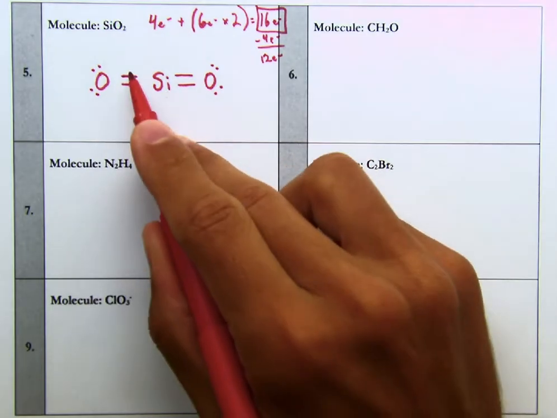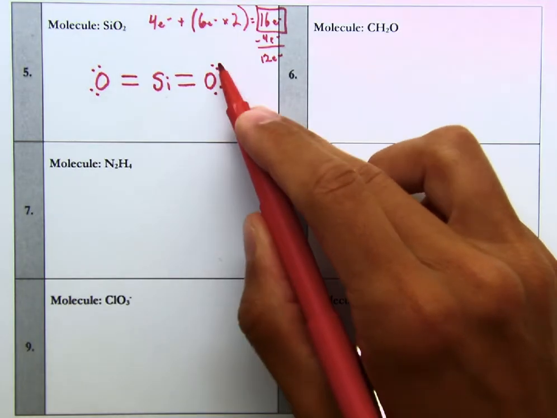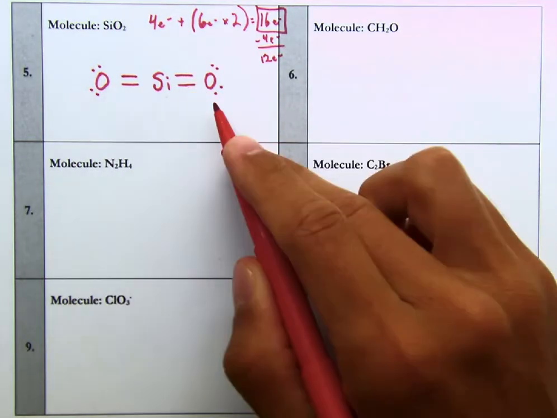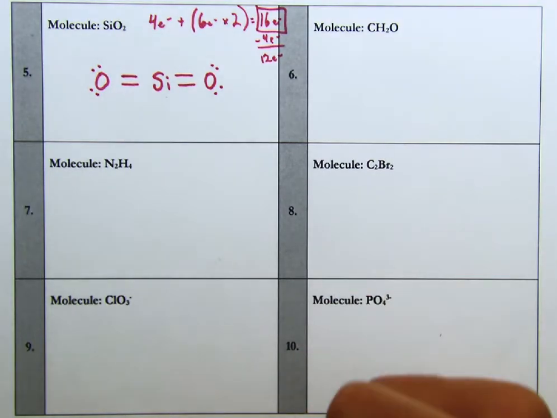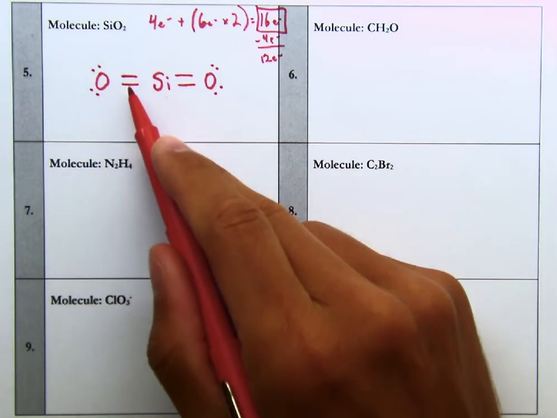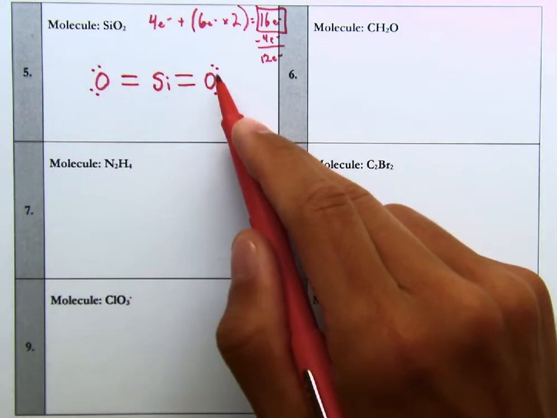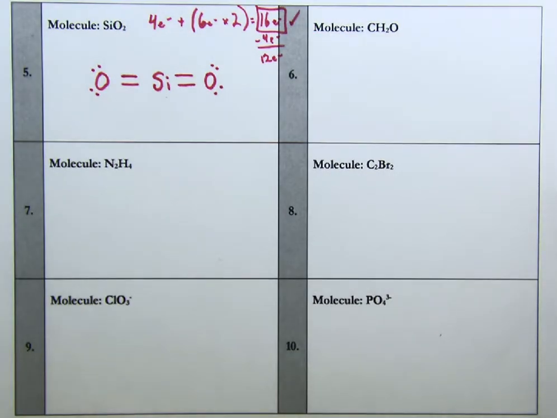Silicon, 2, 4, 6, 8. Oxygen, 2, 4, 6, 8. All of them have 8, so octets are fulfilled. And count the total number of valence electrons, 2, 4, 6, 8, 10, 12, 14, 16. Ding, ding, ding, ding. Valid Lewis structure.